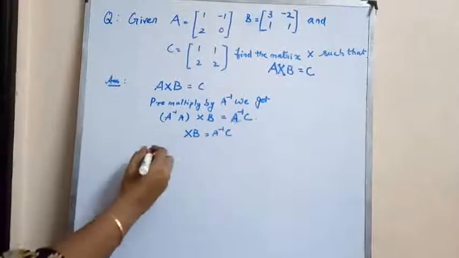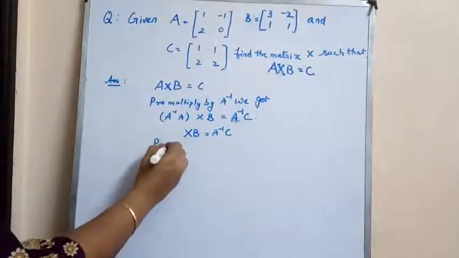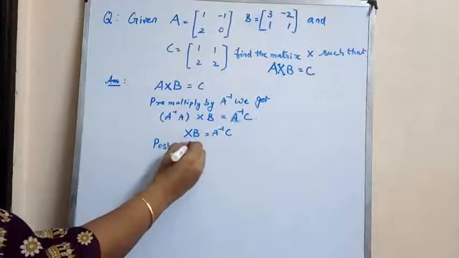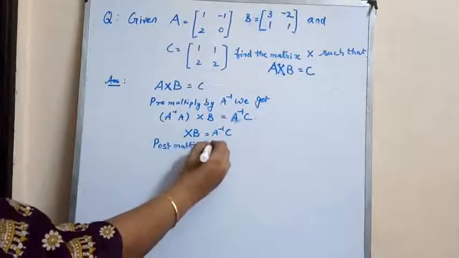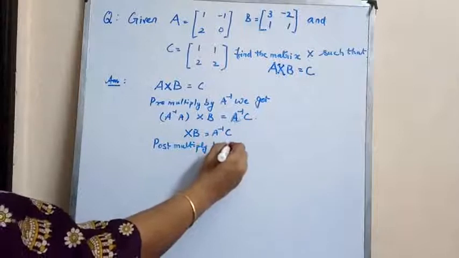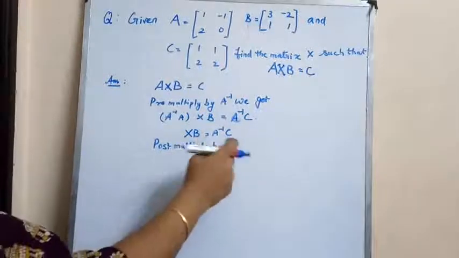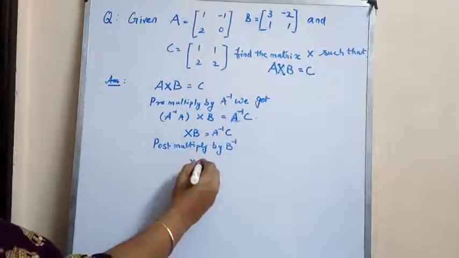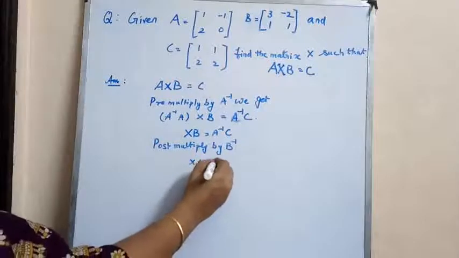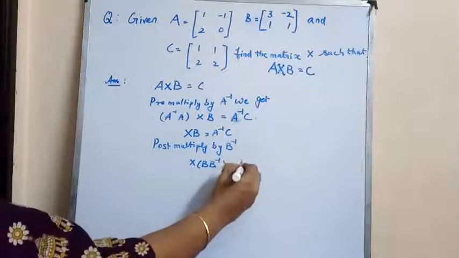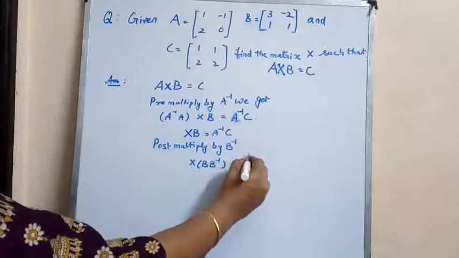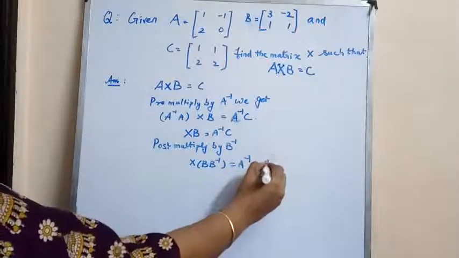Now we have to post multiply by B inverse in order to get rid of this B. So X into B inverse is equal to A inverse C into B inverse.